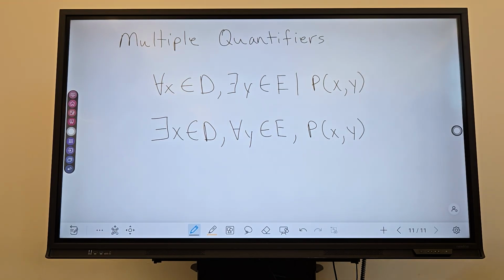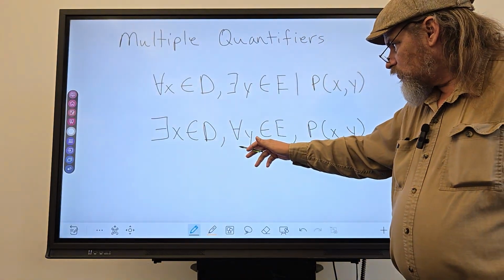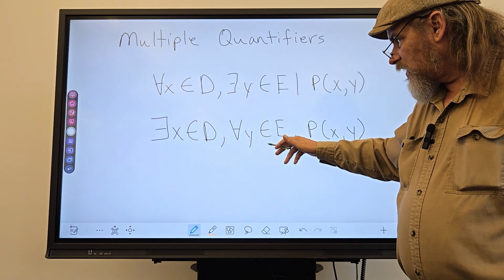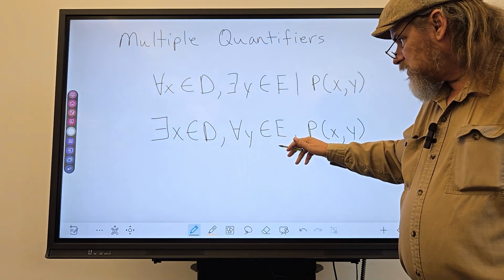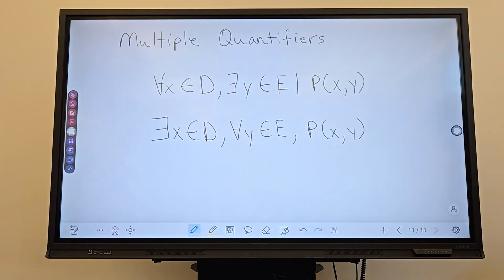So there exists an element in D where for all elements of E, P of x y is true. You can see how they are quite different in their meaning based on the order in which your quantifiers present themselves.